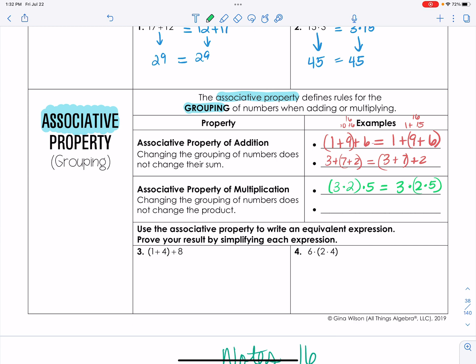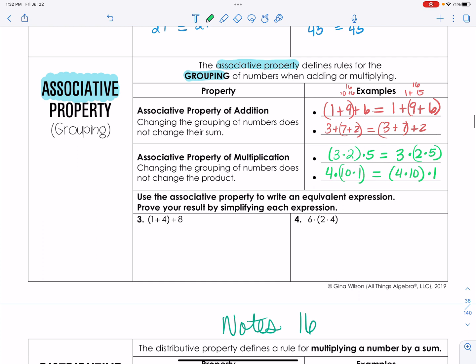On the next one, 4 times 10 times 1, my order stayed the same and my parentheses changed. In the first one, that's 10, and 4 times 10 is 40. In the second one, it's 40, and 40 times 1 is 40. So you get the same answer.